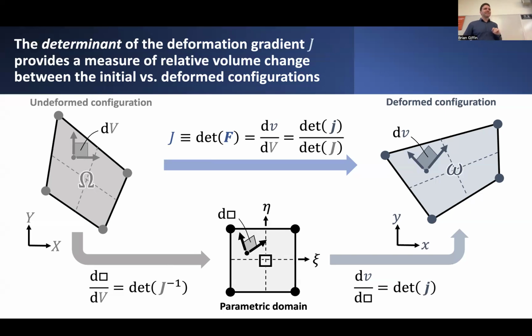So a few different ways to show the same thing, but in general, this measure of relative volume change, the determinant of the deformation gradient, F, is sometimes also denoted with this symbol J. Actually, it's uppercase J, but non-boldface. Now, this can get a little bit confusing because I've already defined J as the Jacobian here, so we're duplicating symbols, but you just have to hang with me here.